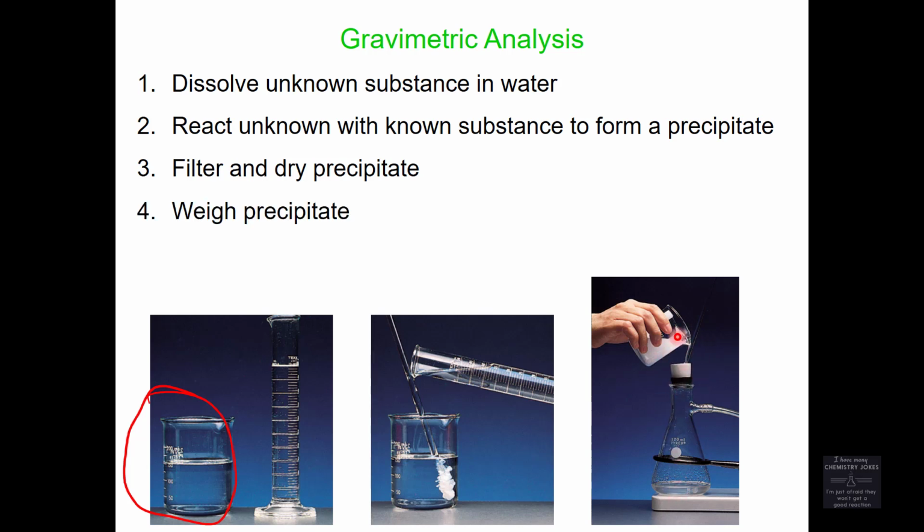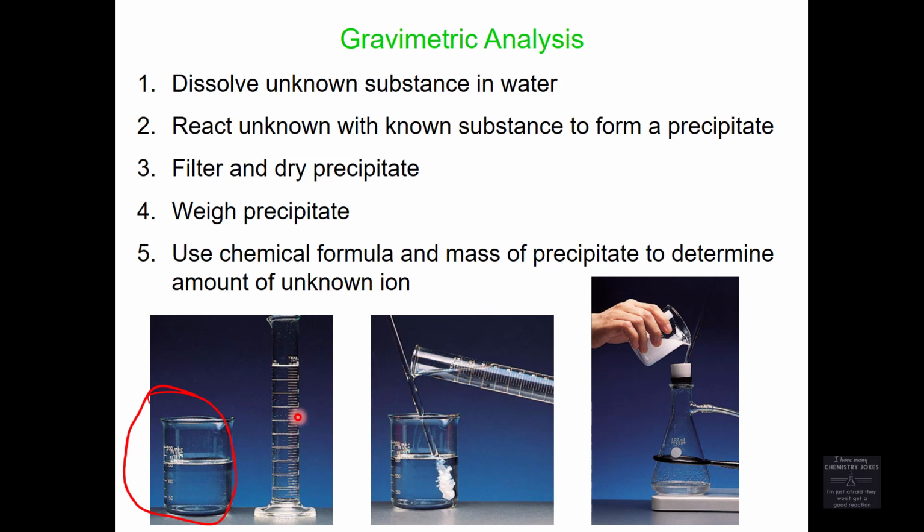You weigh the solid that you collected, and based on the weight of precipitate, you do some stoichiometry, some mole ratio stuff, to convert backwards and figure out how much of your unknown was in this solution in the very beginning. So we're starting with our ending result and working backwards to figure out some initial value about our unknown. The exact same thing is true with a titration. You start with an end result and work backwards to figure out something about your beginning solution.